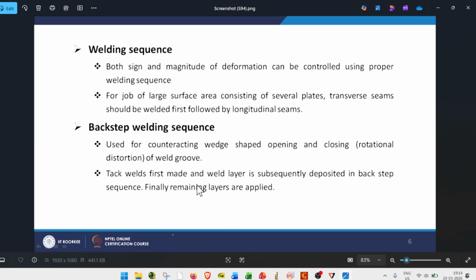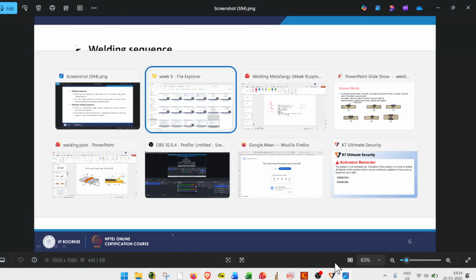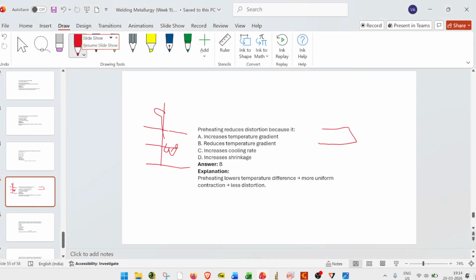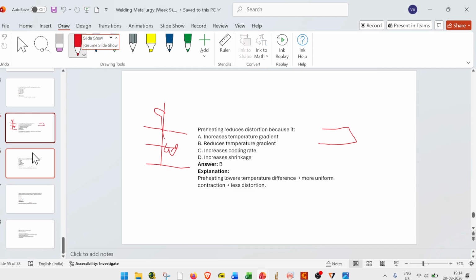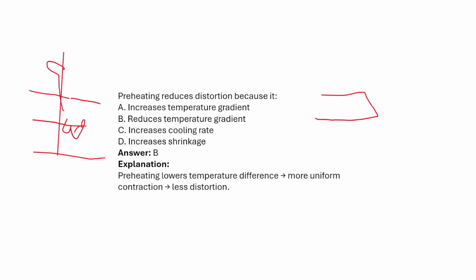Okay, the backstep welding sequence is used to obtain proper heat distribution and to minimize the distortion. So, the preheat treatment reduces the distortion because it increases the temperature gradient, reduces the temperature gradient, increases the cooling rate, increases the shrinkage.